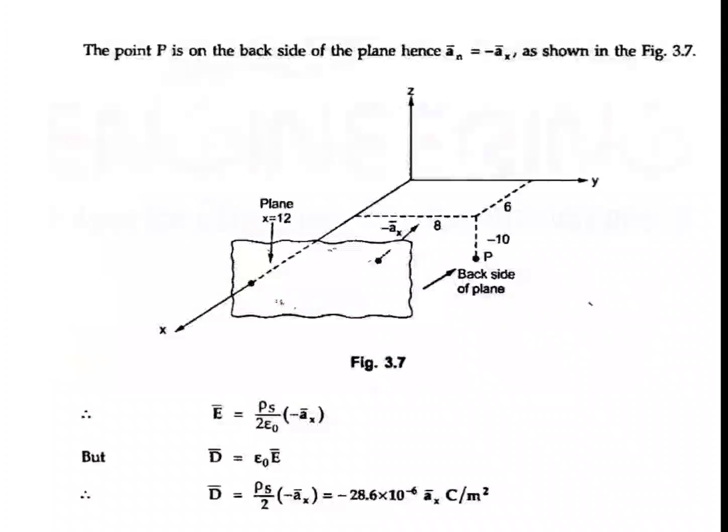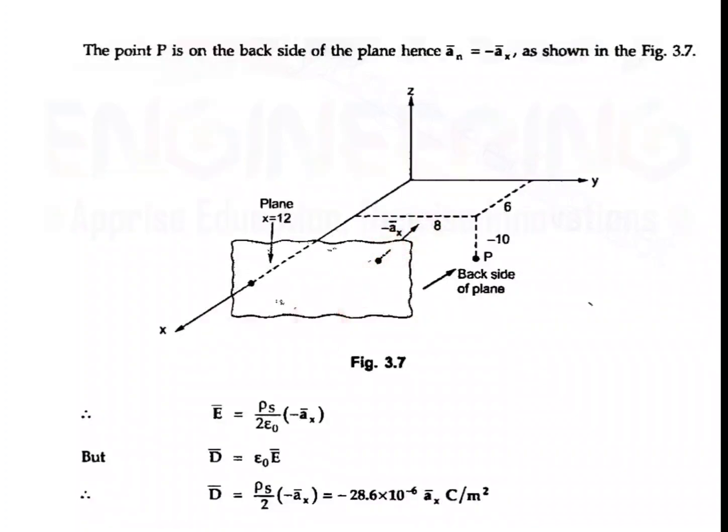Now this is the figure. In this case, the point P is on the back side of the plane. So here it is x equal to 12, and this is the position P, which is the back side of the plane. That means it is taken as the negative axis. That means the AN bar vector is in the opposite direction.